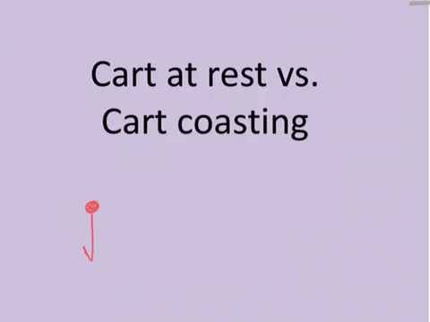We have Earth pulling down on the cart, and then the cart is in contact with the ground. It's not moving, so we have a balanced force diagram, and the force of the ground on the cart is going to be the exact same amount as the force of Earth on the cart. So that's this one.